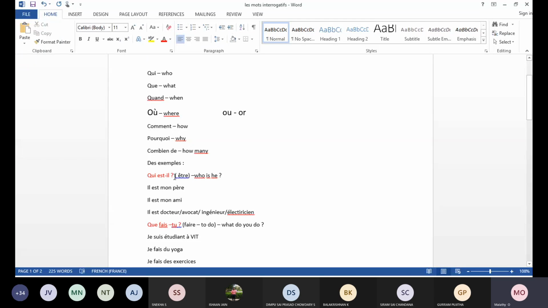Qui est-il? It simply becomes "Who is he?" The verb est is from the verb être. To recall, I put the verbs within brackets. So this is a question, qui est-il? Who is he? You can answer it in many ways. I've just mentioned a few here: Il est mon père, il est mon ami, il est docteur, avocat, ingénieur, électricien, etc.